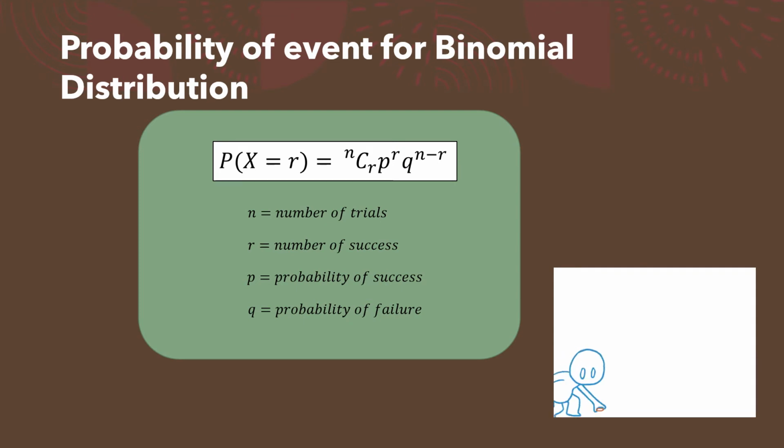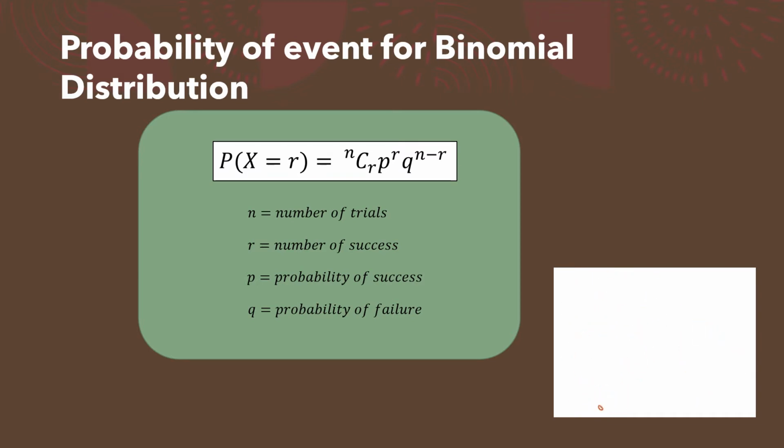Let's say we have a coin, and we need to know the probability. If we toss 3 times, what is the probability of getting 2 heads? Our success should be getting a head. So n is the number of trials, which is 3 if we toss 3 times.